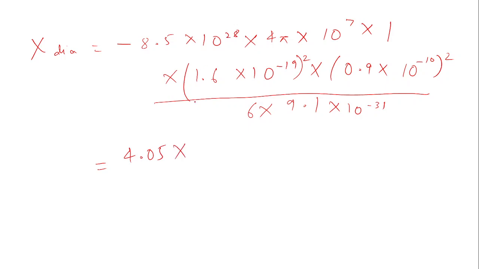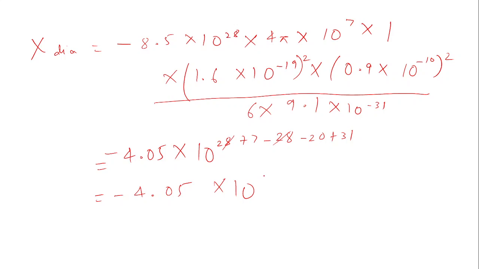4.05, and all the powers, minus signs there, all the powers 10 to the power 28 plus 7, this will be minus 28, this will be minus 20, and this will be plus 31. So minus 4.05, and this will be, okay, let me do 27 minus 20, 30.